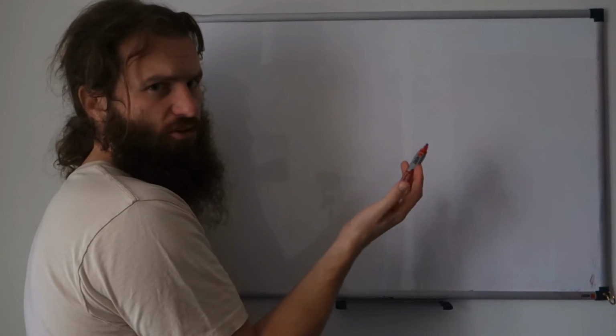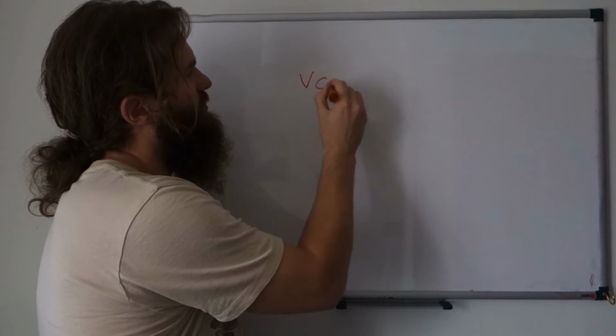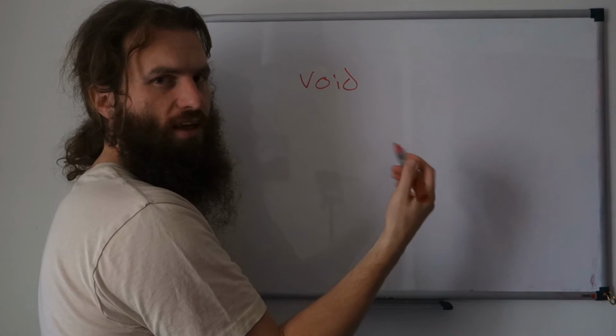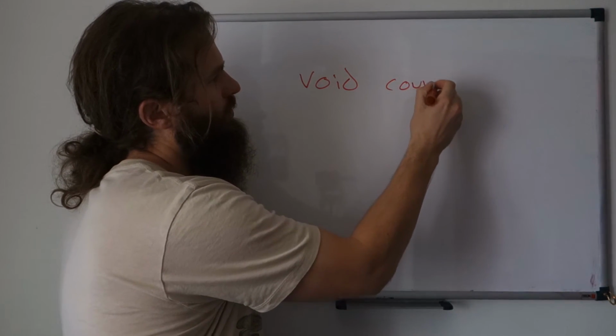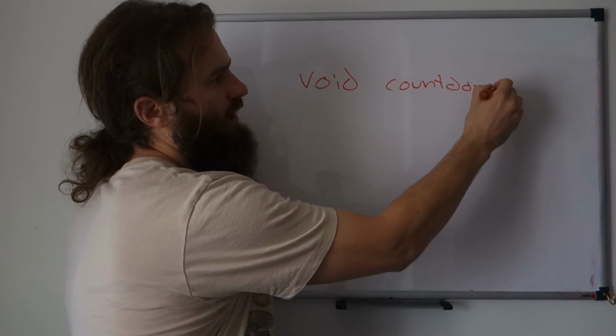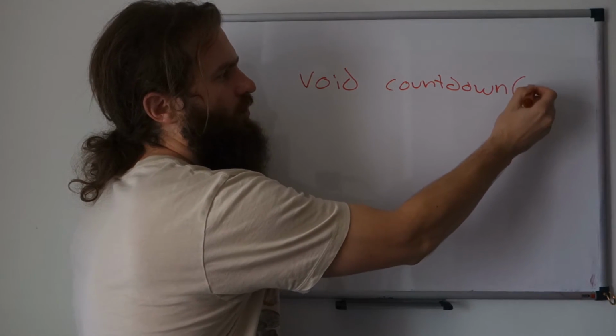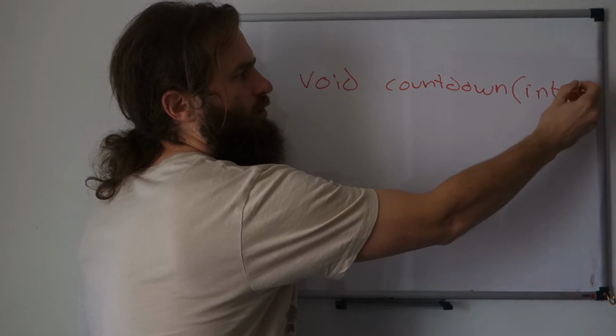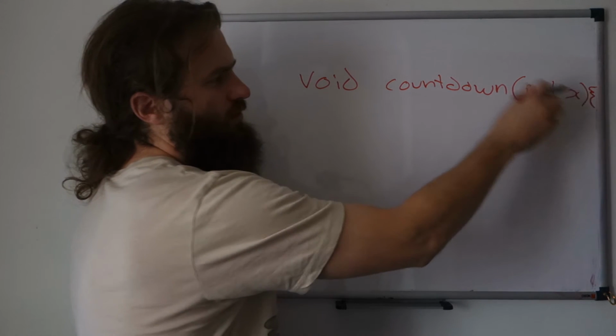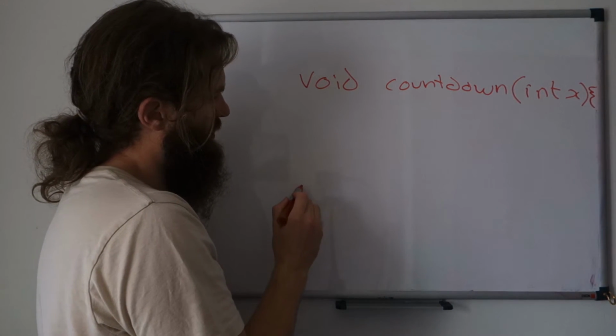So we're going to define a function, and it doesn't return anything, it's just a void function. I'm going to call it countdown. And what this does, it just counts down from whatever number we provide. So it takes one argument called x, and there's our open brace. I'll put the closed brace here.